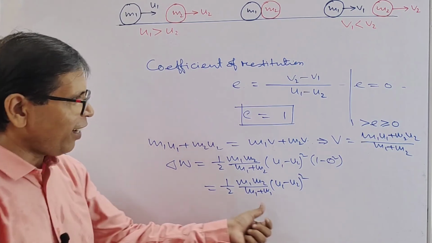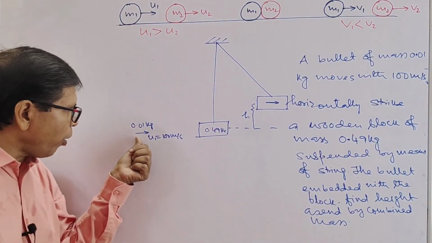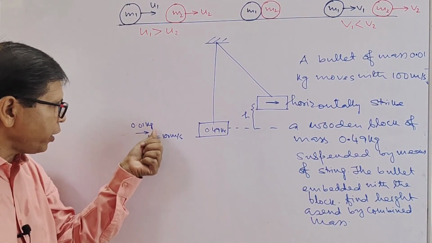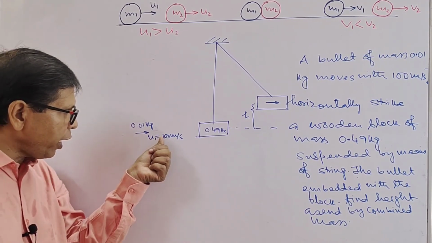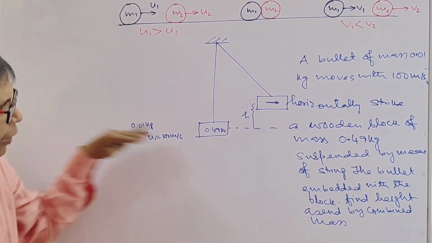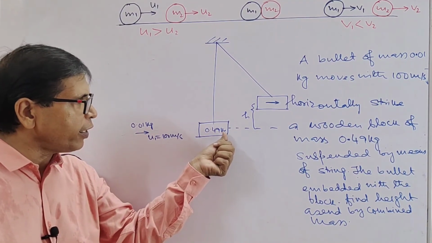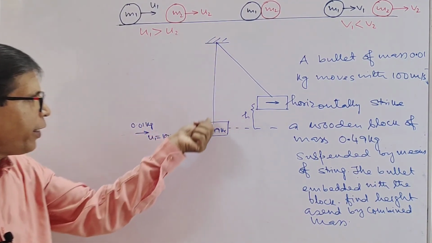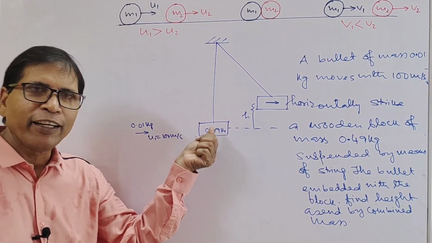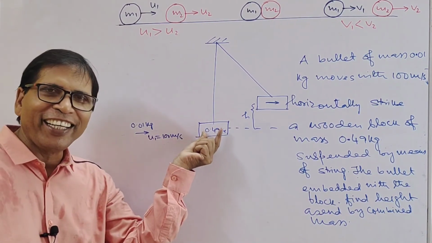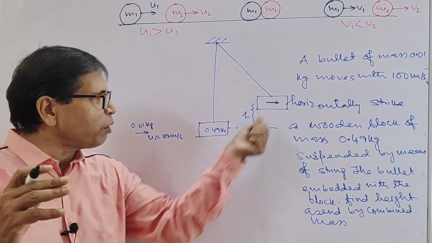Okay, look at this: a bullet of mass 0.01 kg moves with velocity 100 meter per second horizontally and strikes a block of mass 0.49 kg suspended by means of a string. The bullet is embedded in it. The combined mass moves.